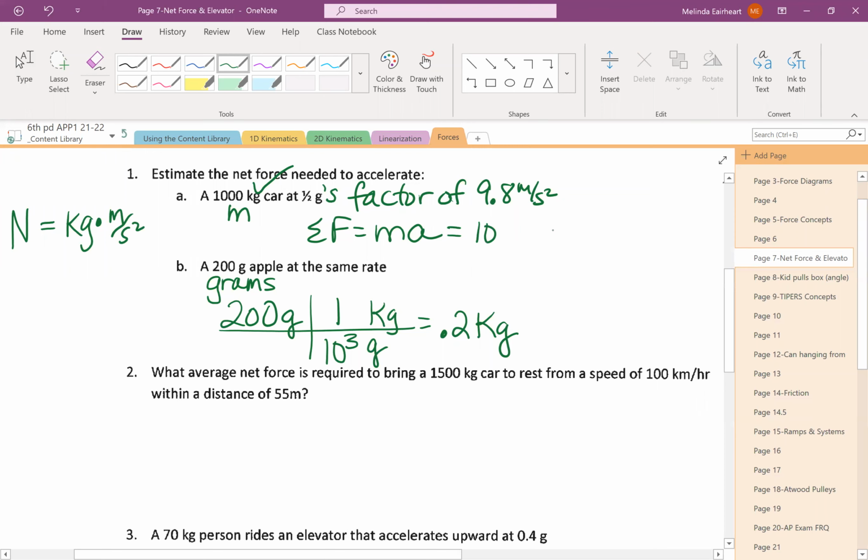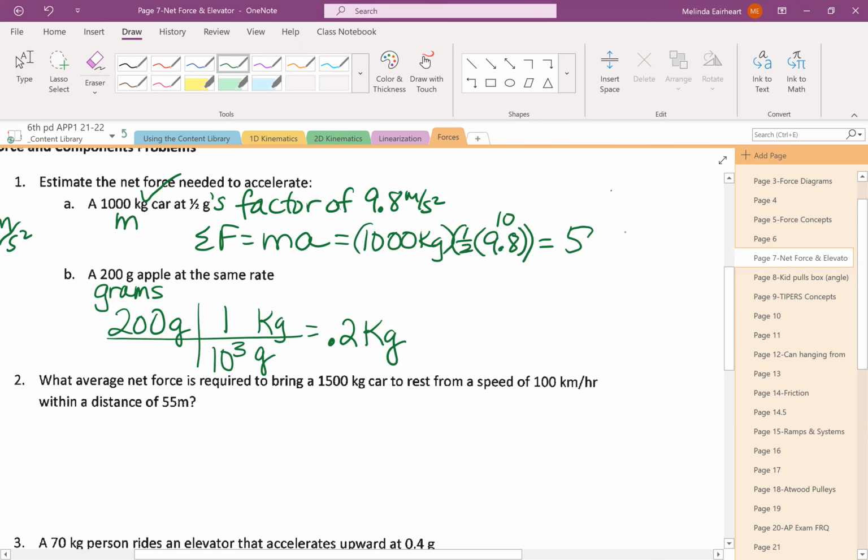And so we take our 1,000 kilogram car times half of 9.8, and I'm going to go in and show the steps. Now, with our math, if you want to go on and use 4.9, go for it. Let's just do 10, right? Half of 10 is 5. 5 times 1,000 is 5,000. Now you can say kilogram times meter per second squared, or it's equivalent to a Newton.